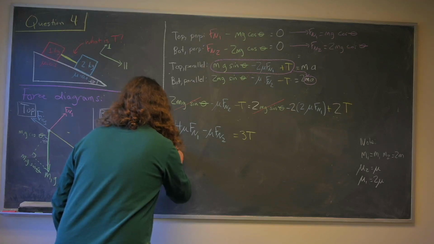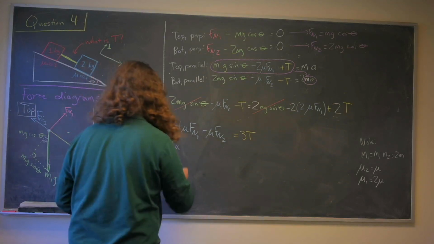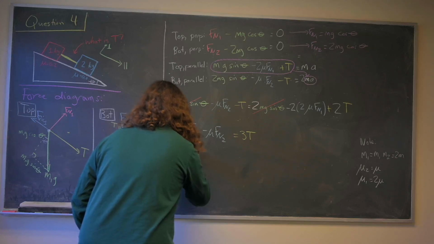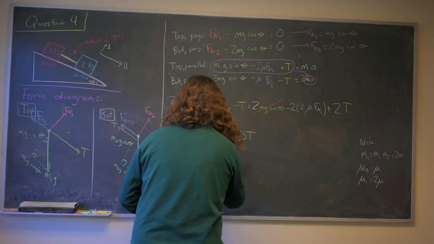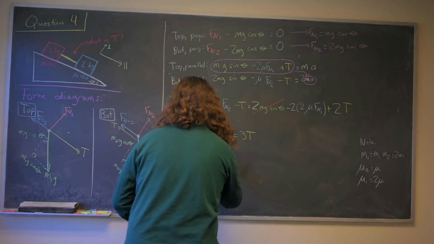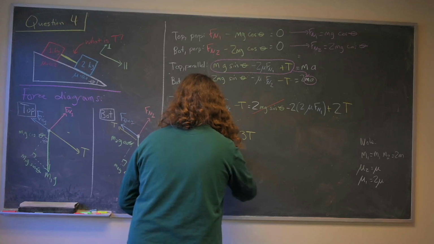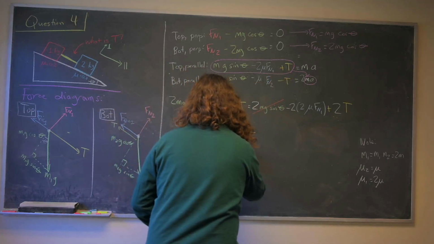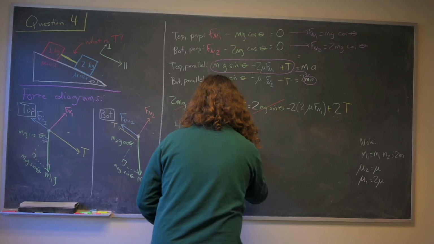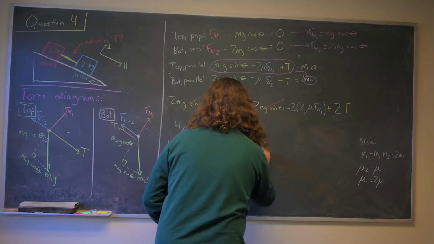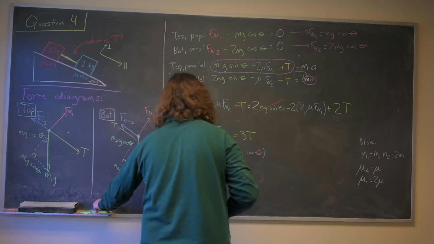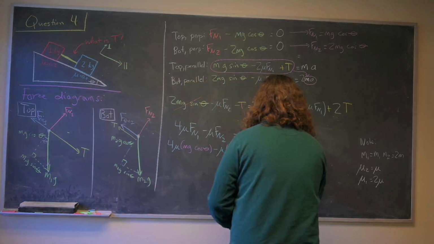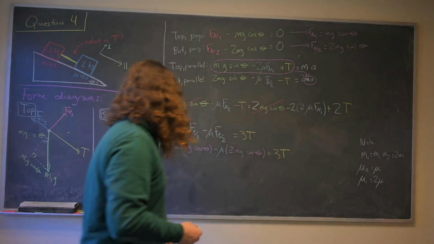So I have 4 mu times mg cosine theta minus mu, normal force 2 is 2mg cosine theta. All that equals 3T.